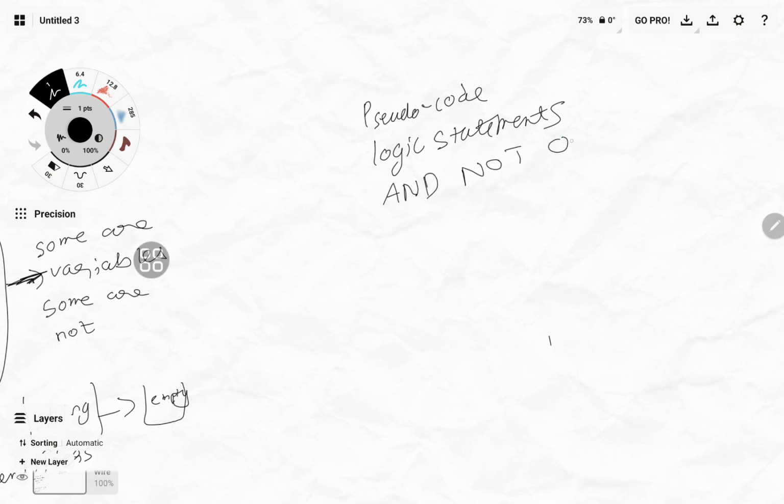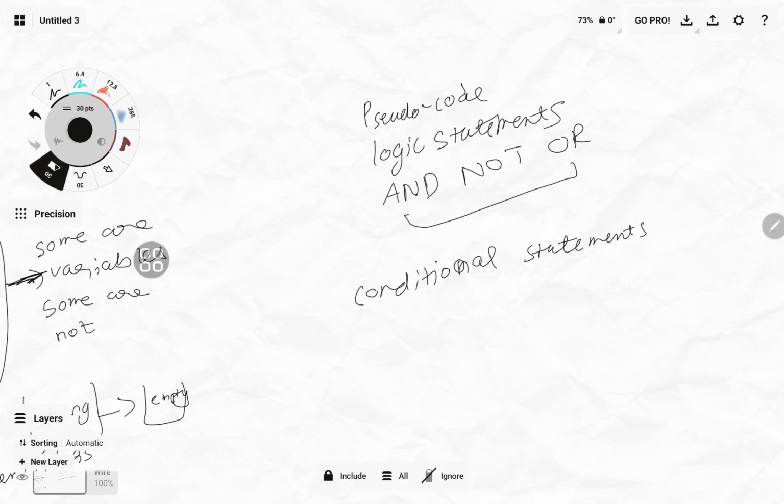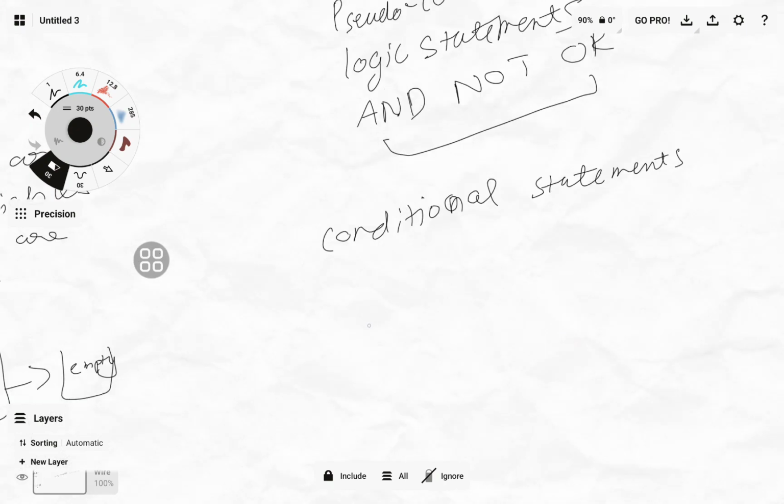These are also Boolean data types. After that we have conditional statements, like if.